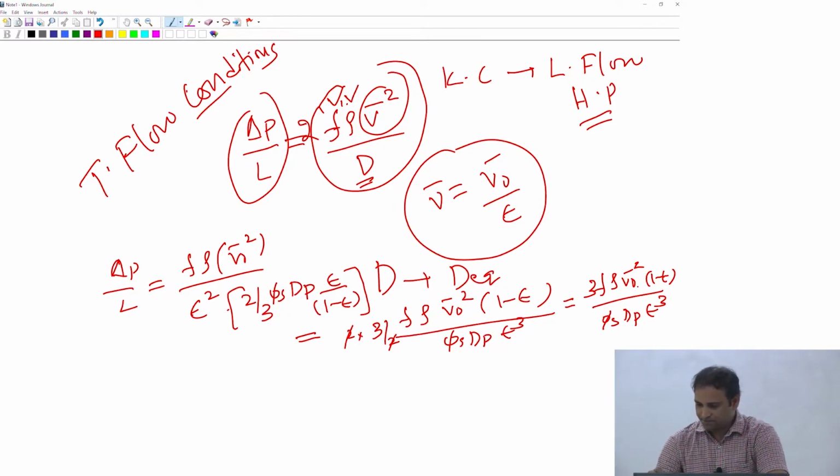And again, we don't know what this f is. f depends on your Reynolds number and stuff like that. People have done a lot of experiments, and they have found that this 3 times f factor is of the order of 1.75. This is based on several experiments that people have done on packed beds of different materials.